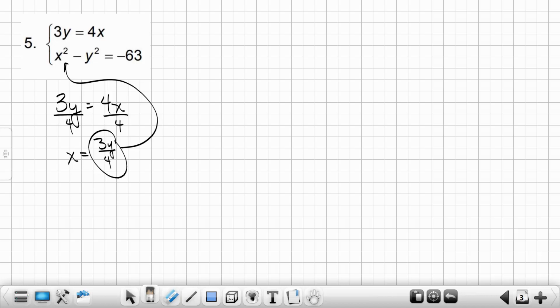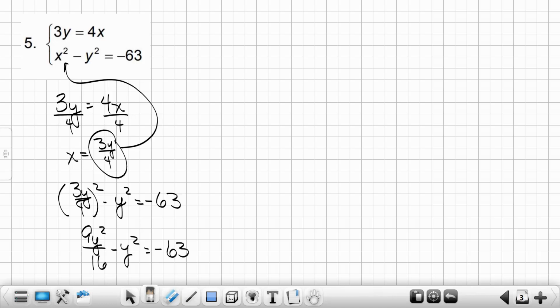So now I'm going to get (3y over 4) squared minus y squared equals negative 63. So then it'd be 9y squared over 16 minus y squared equals negative 63.